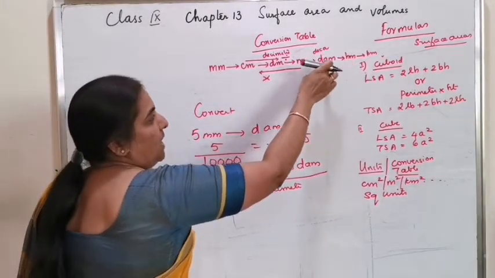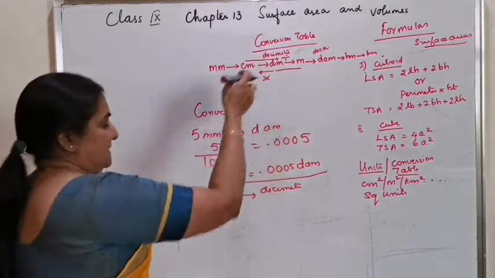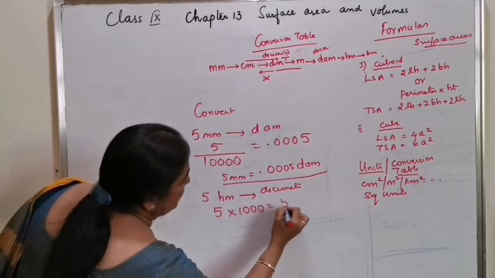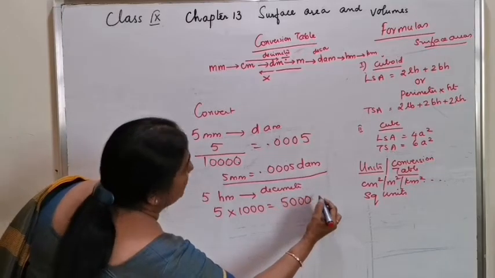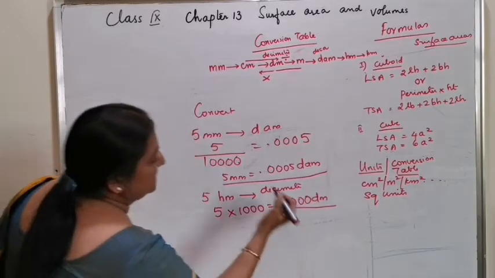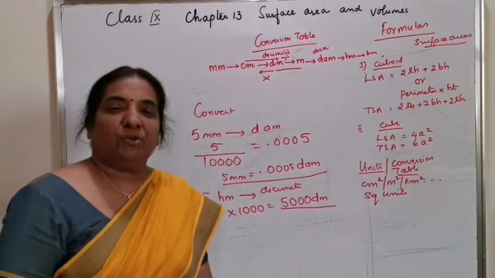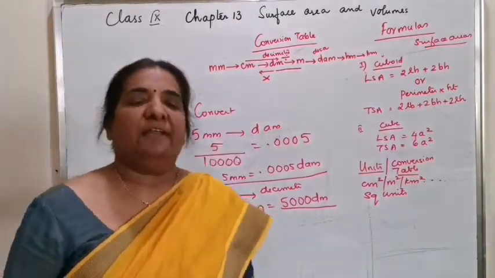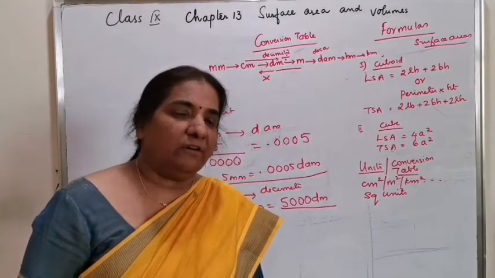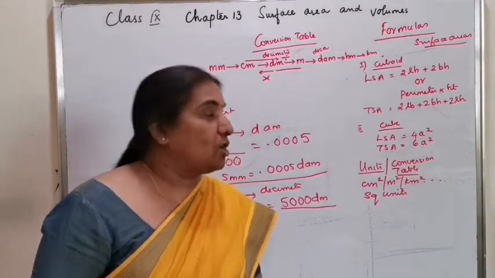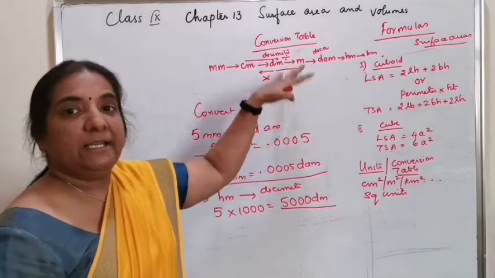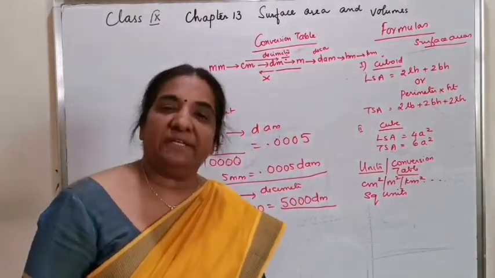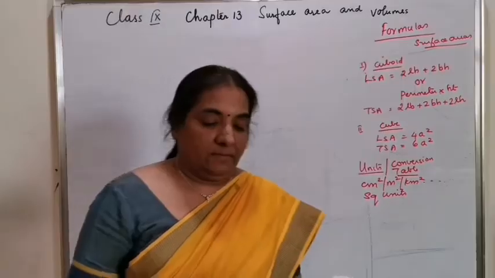That means 1, 2, 3 places. That means 5 into 1000, 5000 decimeter. If you understand the concept in this, it will be very helpful to you even in your other subjects. Copy this conversion table in your notebook with the example so that you can refer to it again and again.